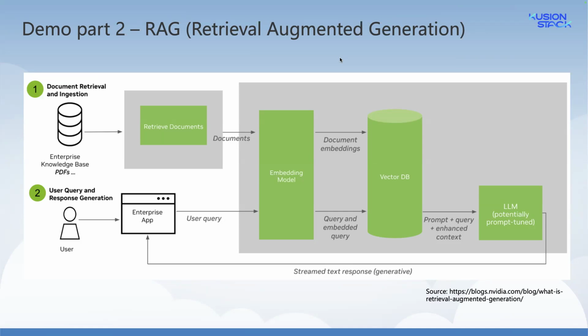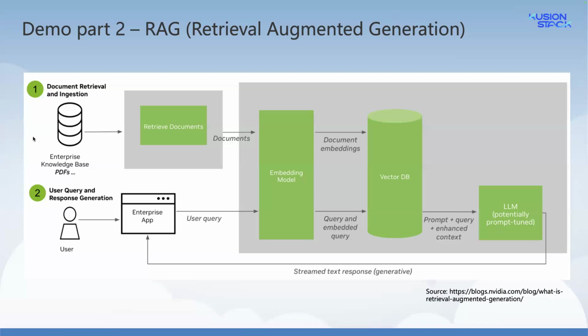But in some scenarios, when you deploy an AI agent in your own company, you will have some enterprise knowledge, but this knowledge is not public. So we should figure out a method to tell the LLM what the enterprise knowledge is.